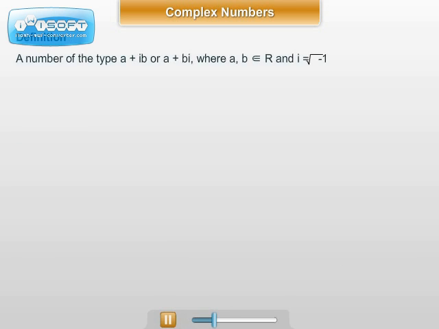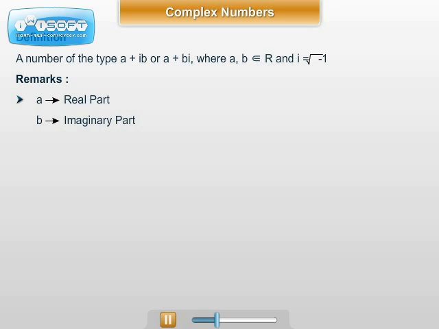Definition: a number of the type a plus ib or a plus bi, where a and b are real numbers and i equal to root of minus 1, is called a complex number. If a plus ib is a complex number, then a is called the real part and b is called the imaginary part of the complex number a plus ib.